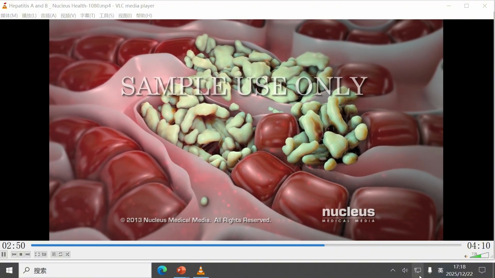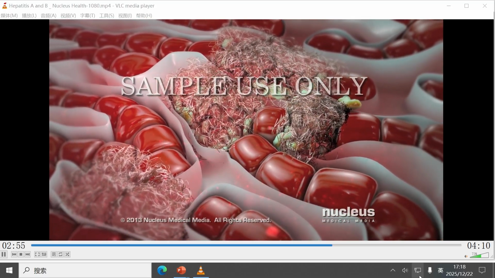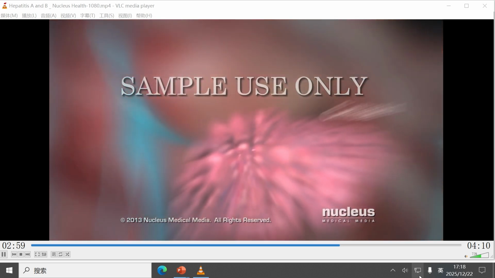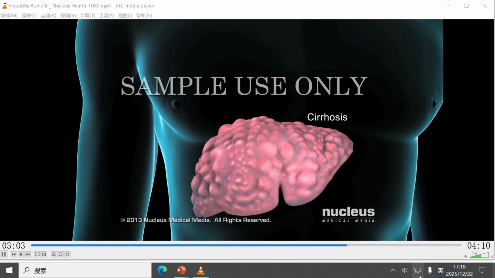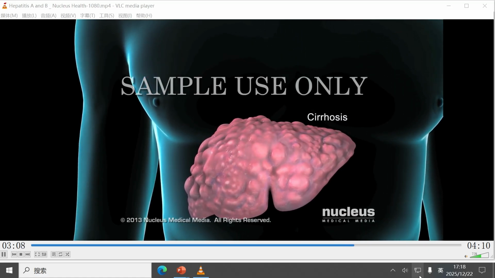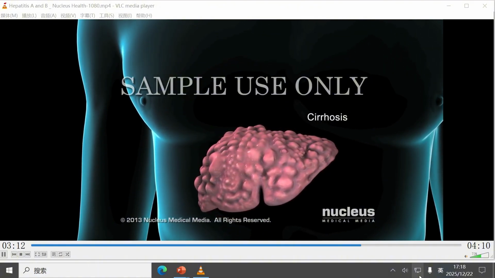Over time, scar tissue forms around dead and infected liver cells, which prevents your liver from working properly. If you have a chronic hepatitis B infection, your liver contains a large amount of scar tissue called cirrhosis, which limits blood flow and results in permanent shrinking and hardening of your liver.